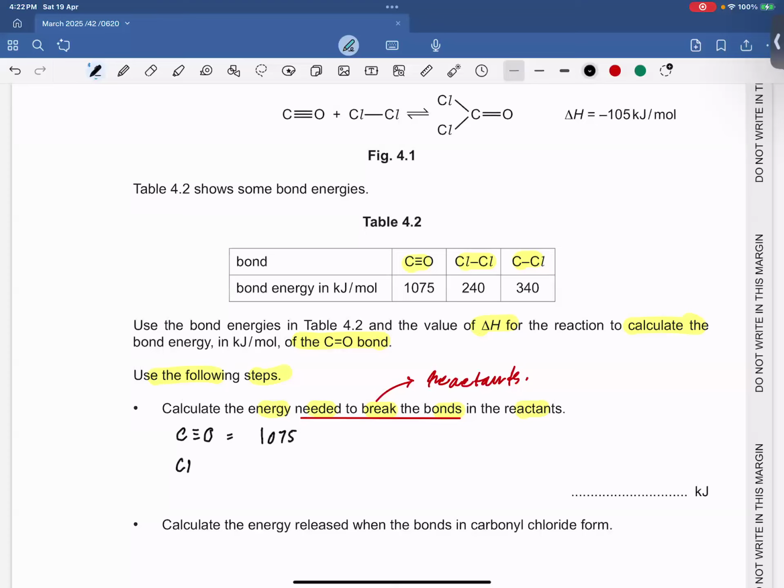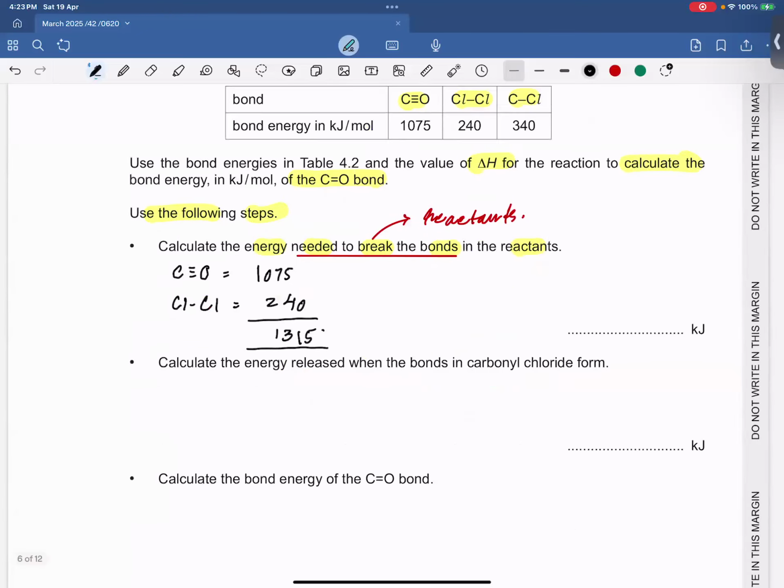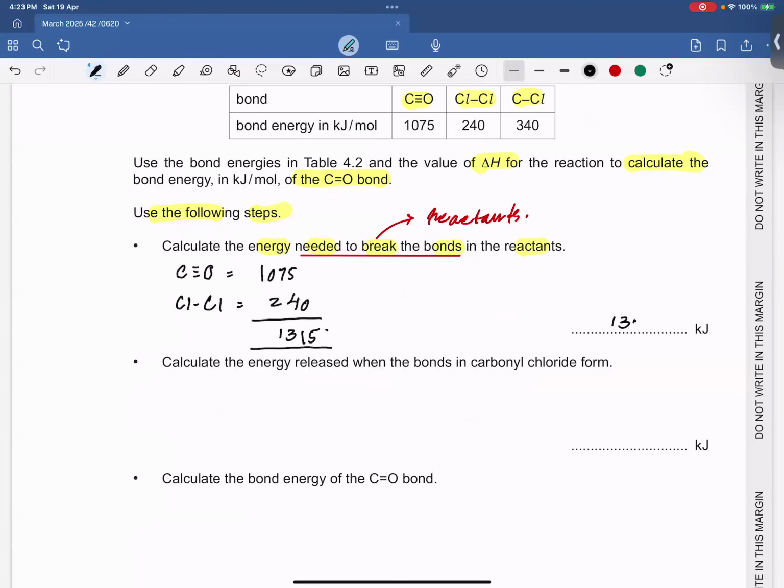We have the chlorine molecule. Its bond energy is 240. If we add these two values, I'll get 1315. So 1315 kilojoules of energy is used to break these bonds in the reactants.